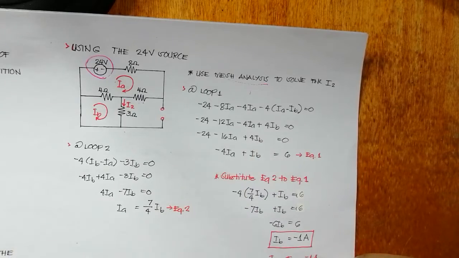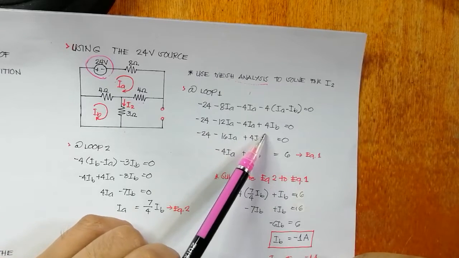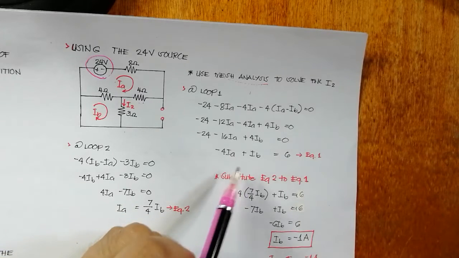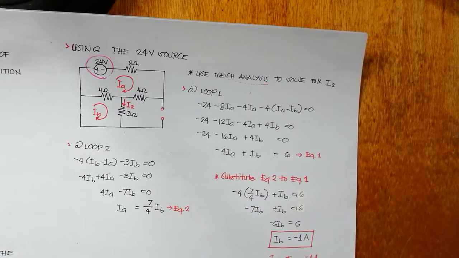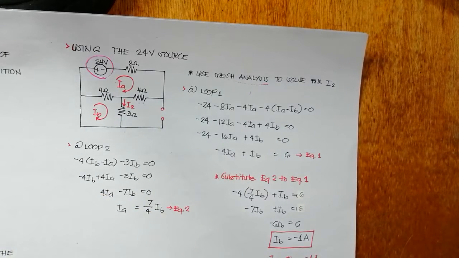Simplifying the equation, we now have negative 24 minus 12IA minus 4IA plus 4IB is equal to 0. Simplify again, negative 24 minus 16IA plus 4IB is equal to 0.